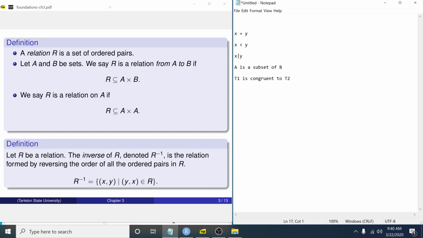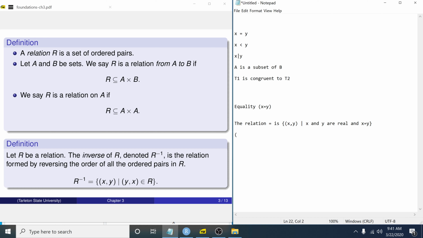So for example, if we're talking about equality, the idea that x is equal to y, the relation equals is simply the set of all ordered pairs x comma y, and again, let's just say we're talking about real numbers here, such that x and y are real and x equals y. Okay, so that's really what that relation is. The relation of equality is the set of all ordered pairs with that property.